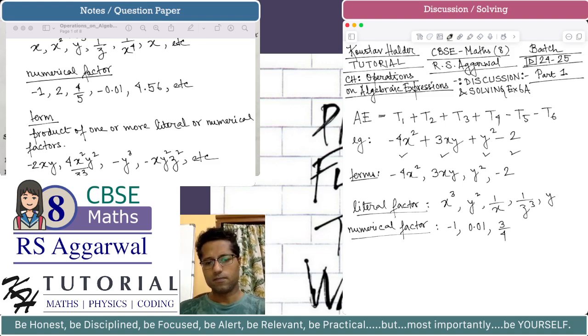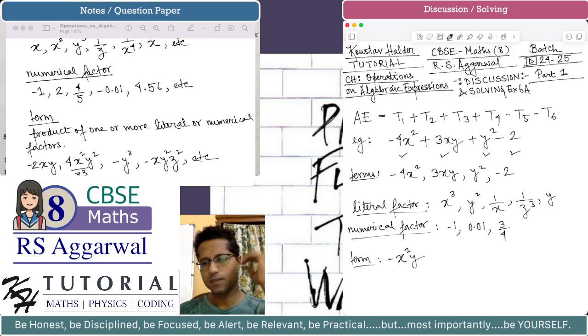Now, a term is a product of one or more factors. In general, there is one numerical factor and multiple literal factors. I'm writing some examples of terms. Let's say I have minus x square y.